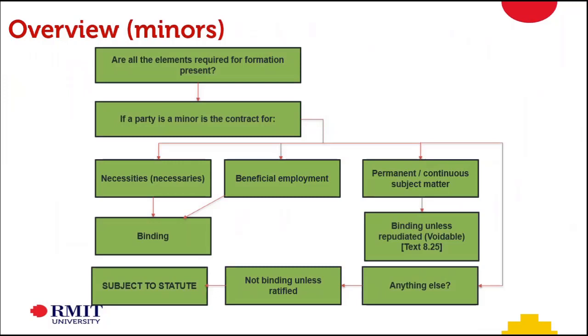If the subject matter of the contract is of a permanent and continuous nature, so it relates to the sale of land or the sale of shares or something that has this ongoing nature, then it's binding unless it's repudiated by the minor or by the person suffering the incapacity.